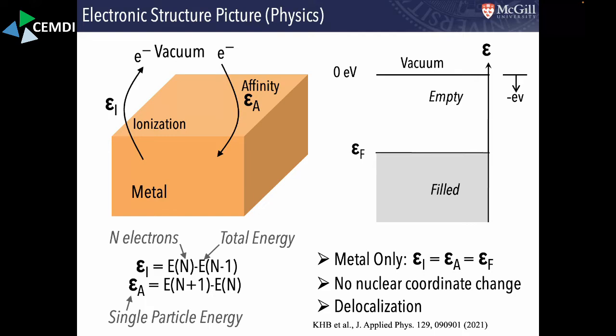Now, the important point here is that when a physicist is introduced to this picture, if you take a solid state physics course, you'll never consider the change in nuclear coordinates. You'll just see this picture, you'll touch upon it in an exam, and you won't go much further with it. And the reason you don't go much further with it, at least in terms of what's happening with nuclear coordinates or the positions of atoms in solid state physics, is that in metals, electrons are delocalized over billions times billions of atoms.